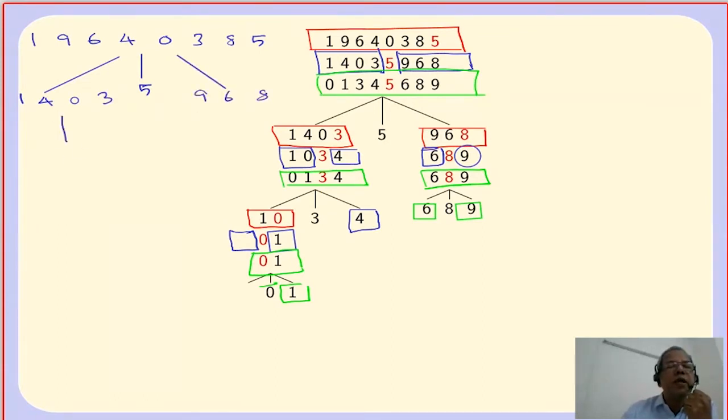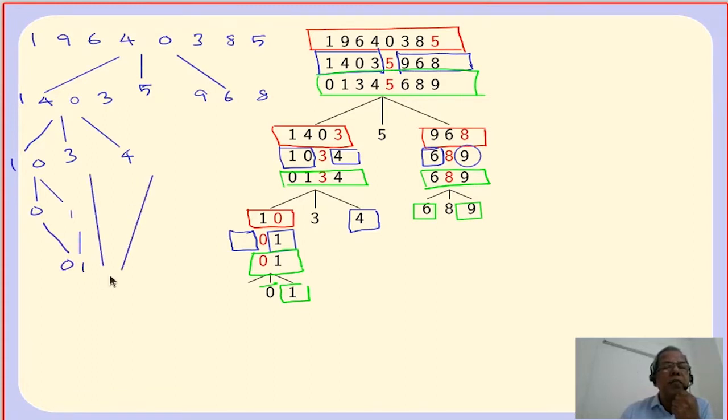Then here, 3 is the pivot, 1, 0, and here 4. Then here, 0 is the pivot, 1. And then you may say they combine to 0, 1, and this combine to 0, 1, 3, 4, and this combine to 5. And if you follow that, it will be 6, 8, 9.